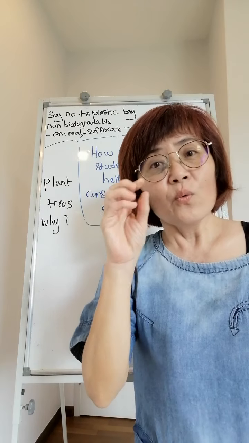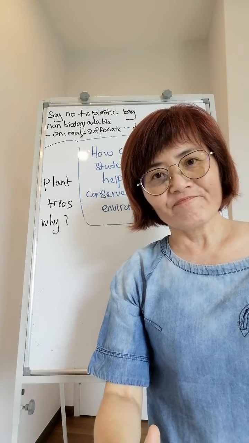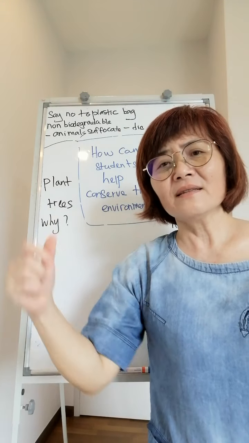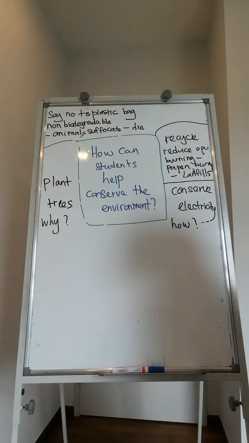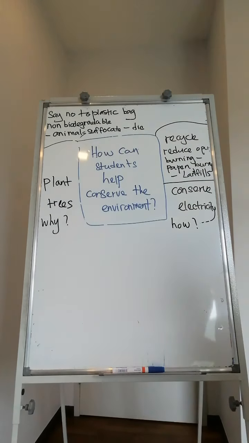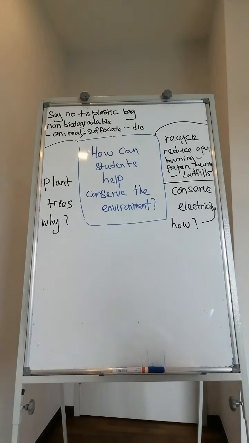So now we want to explain how it make the marine life die. You give an example. I have seen a picture of a whale that died because of starvation. You can say that.